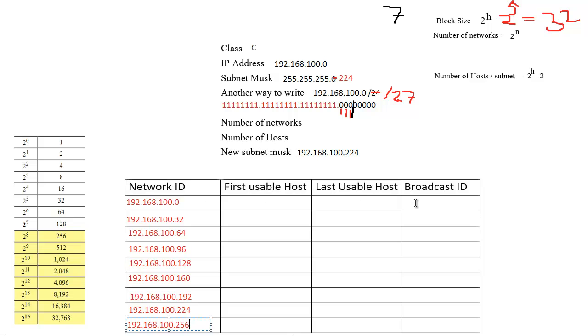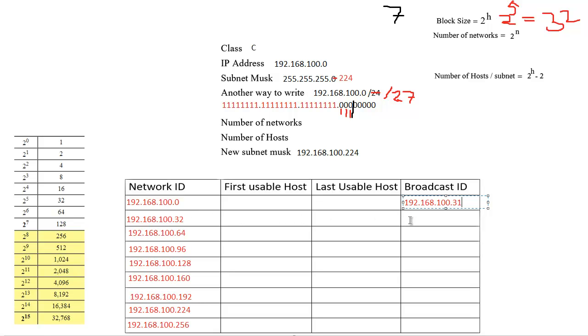So now what is the broadcast ID for this network? The broadcast ID for this network will be just before the next network ID. So the next network ID is 32, so broadcast will be 31. And what is the broadcast ID for this network?